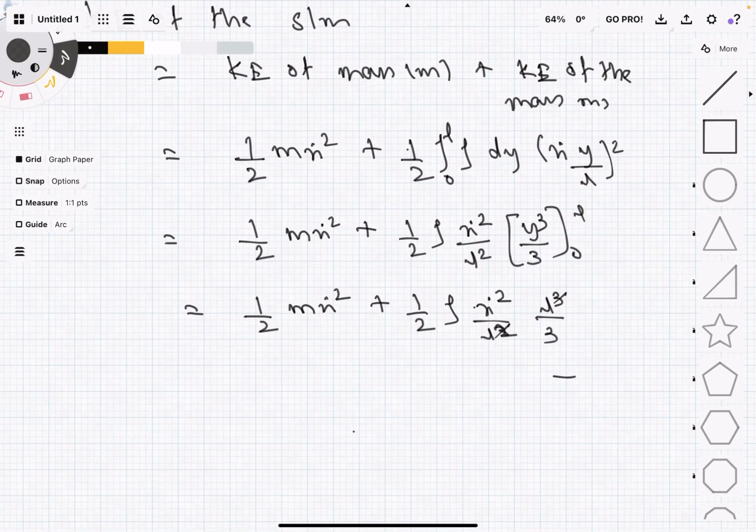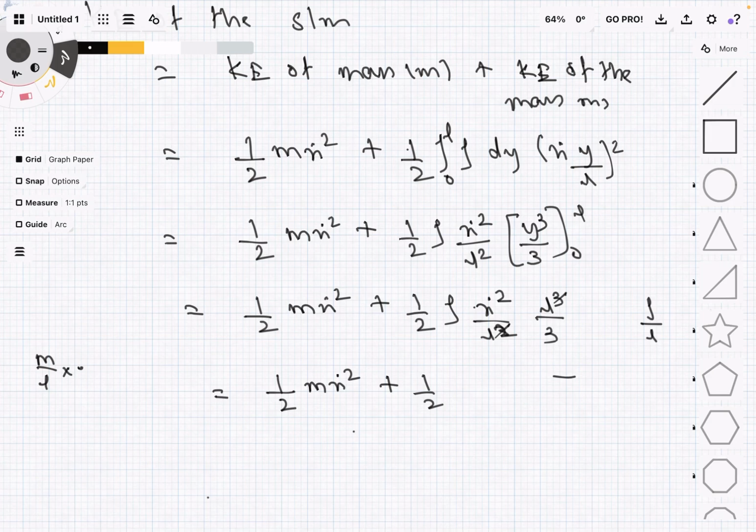So you will be having half into m into x dot square plus half into rho into L, because rho is mass per unit length, so mass per unit length into length.